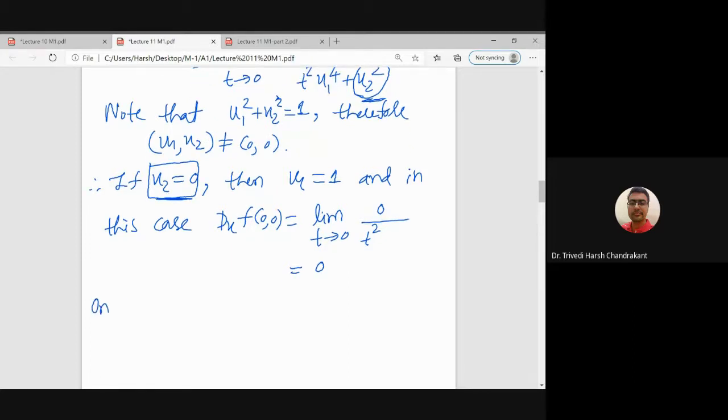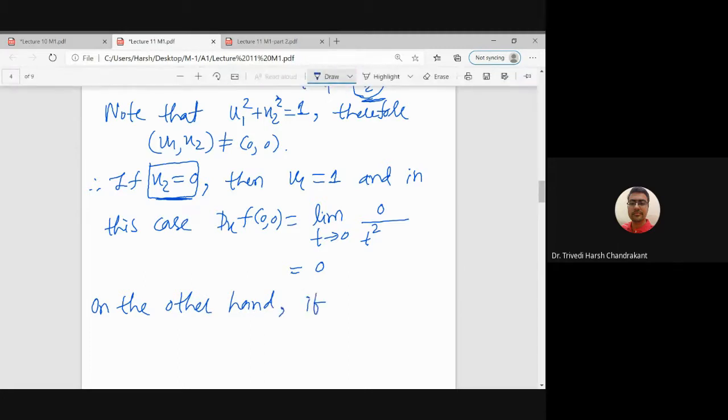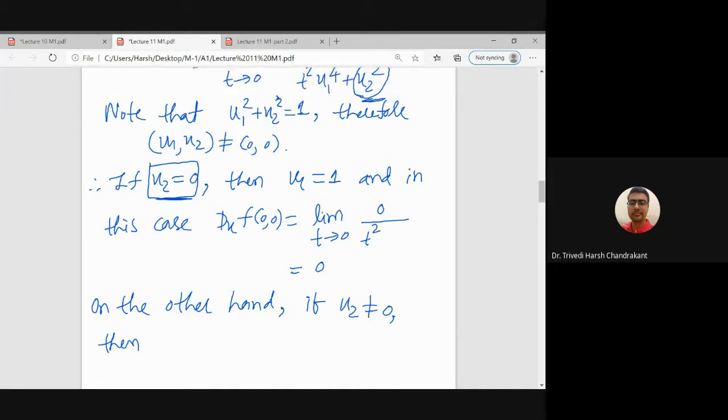So on the other hand, if we have a unit vector u1 comma u2 where u2 is non-zero. If u2 is not zero, what will be the value of this limit?